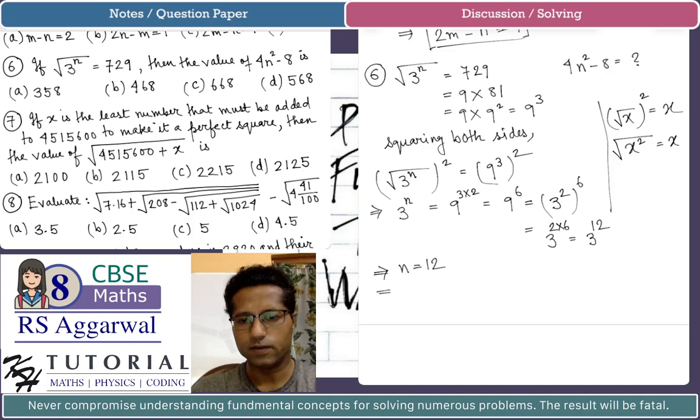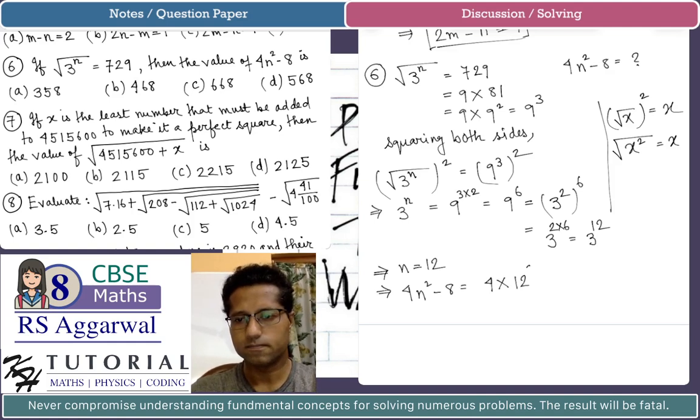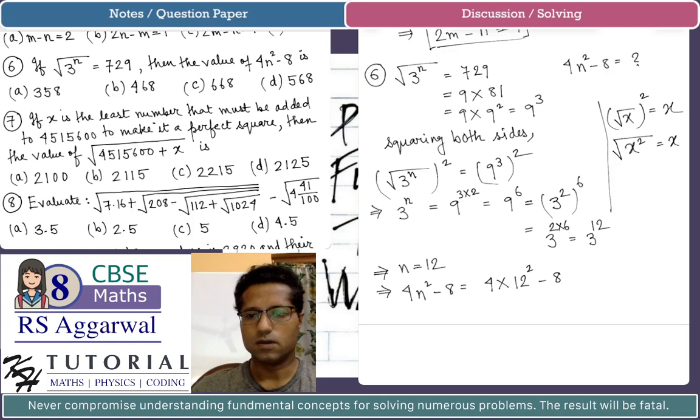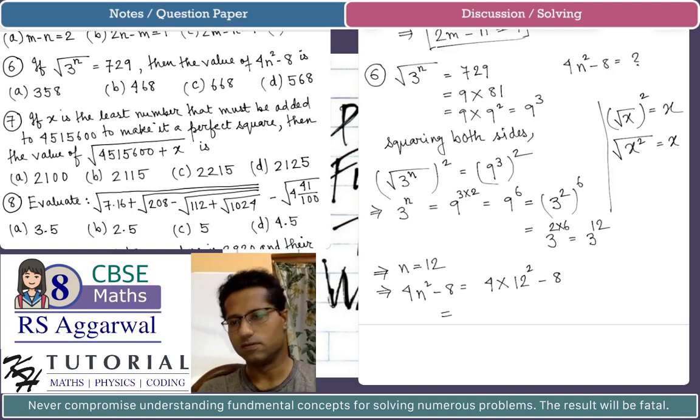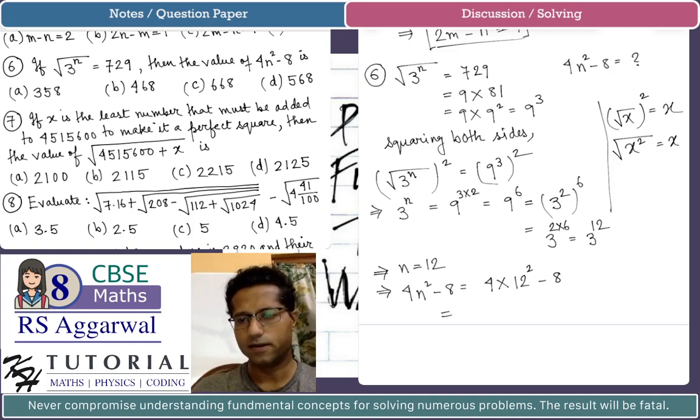Now we have to find the value of 4n square minus 8. This is equal to 4 multiplied by 12 square minus 8. The 12 square is 144.